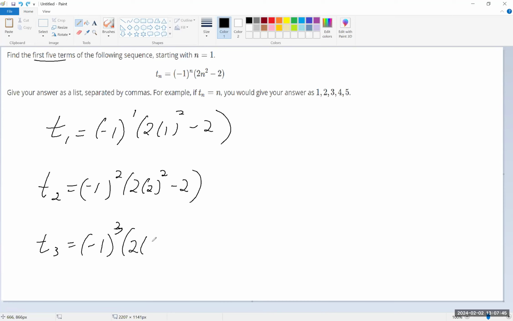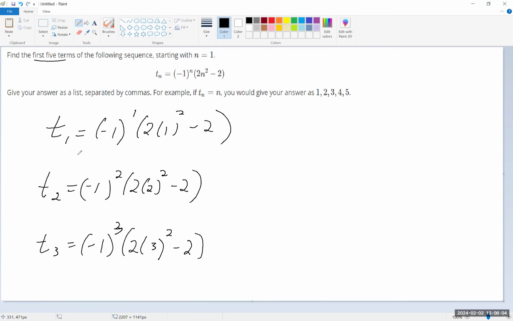It's easy to make small mistakes on these because I'm copying certain things over and over. I have to make sure I'm copying the right things over.